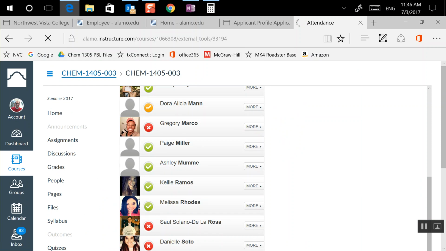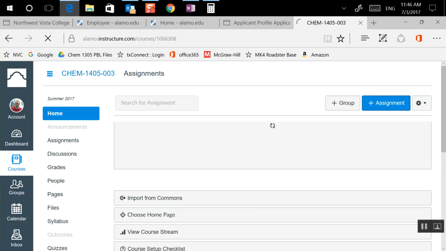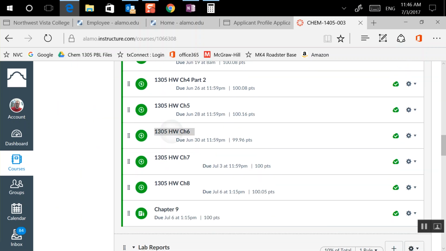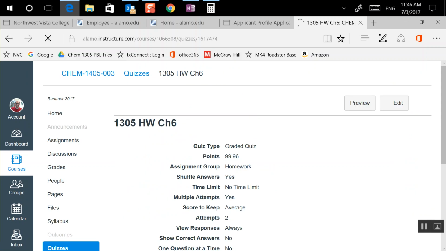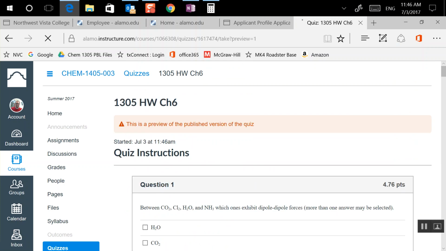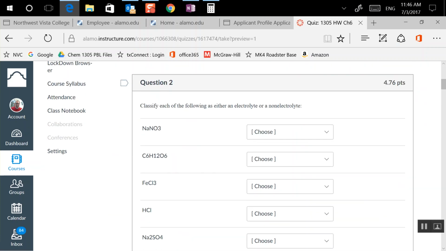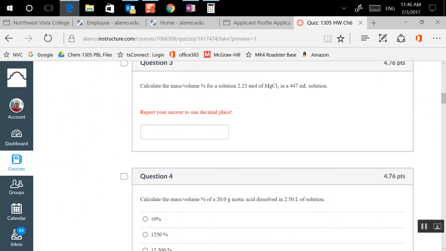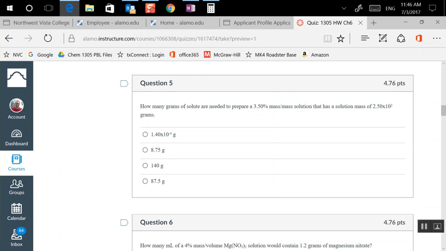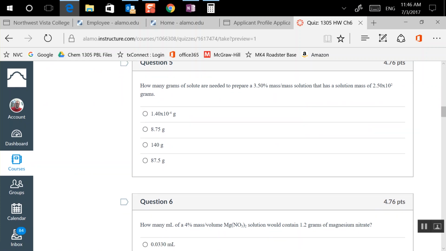How many grams of a solid are needed to prepare a 3.5% mass over mass solution that has a solution mass of 2.5 times 10 to the second grams?